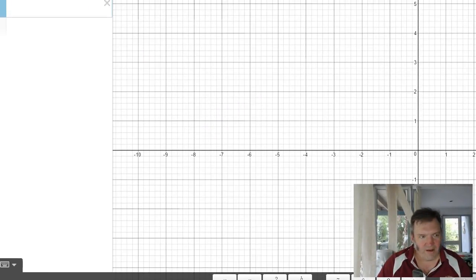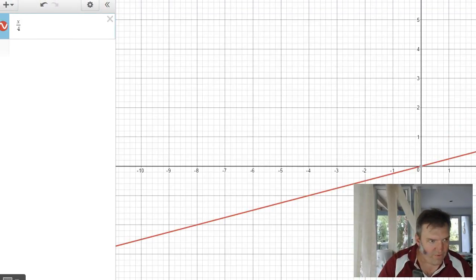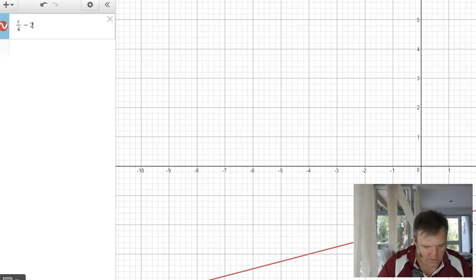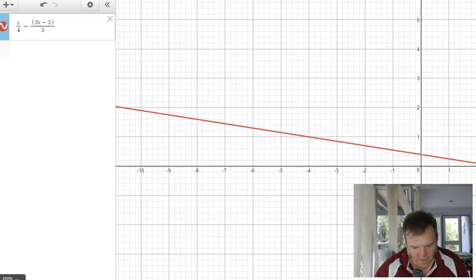How do I move it around? There we go. x divided by 4 minus 2x minus 2 divided by 5. It only does divided by on that bit, so I need to put brackets around 2x minus 2 divided by 5.